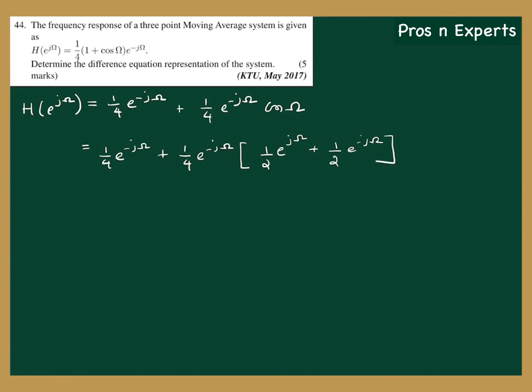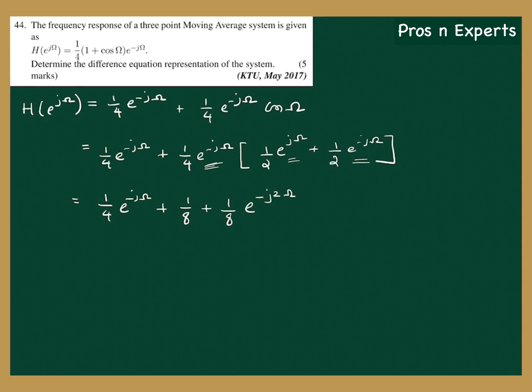This is our usual Euler's theorem. Now expanding the bracket again, 1 by 4 e raised to minus j omega plus multiplying 1 by 4 e raised to minus j omega into the bracket, we will get 1 by 8 into 1, because e raised to minus j omega into e raised to j omega will become 1, plus again 1 by 8 into e raised to minus j omega into e raised to minus j omega will give you e raised to minus j2 omega.